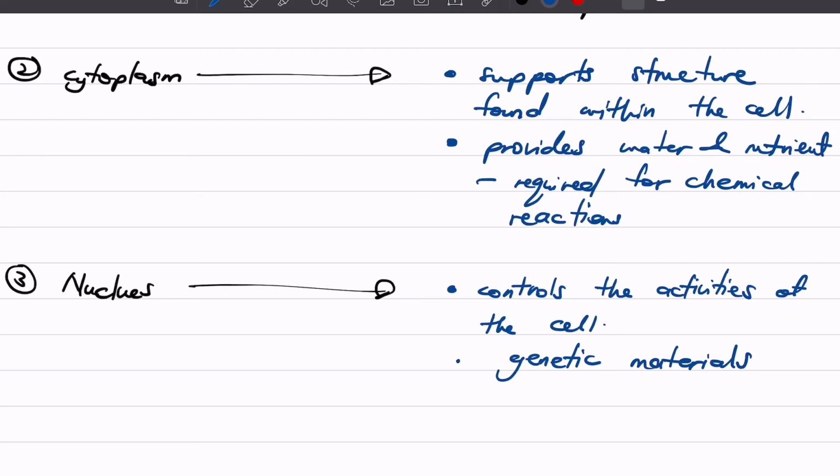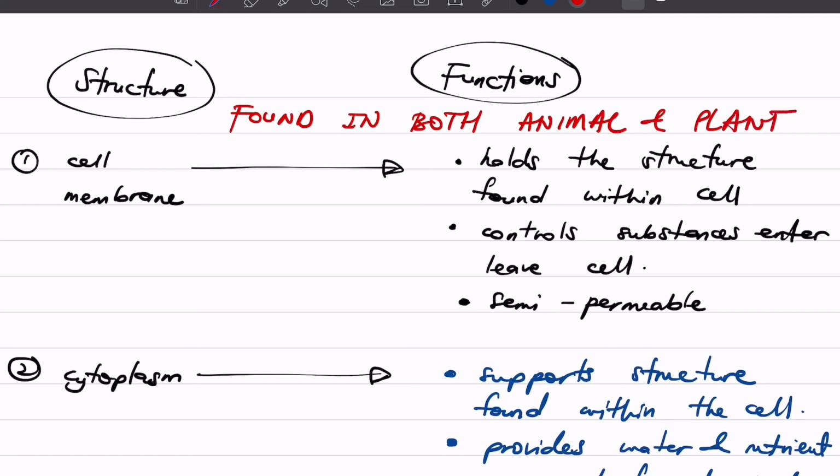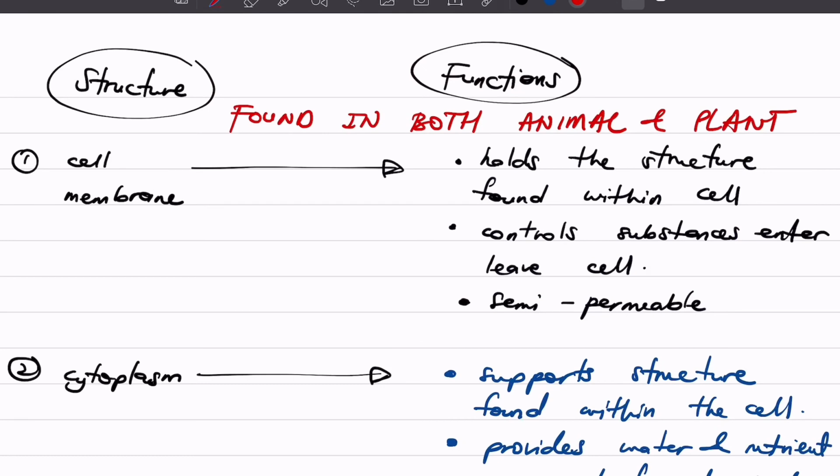So all these three are found in both animal and plant cells. Remember this: the cell membrane, cytoplasm and nucleus are found in both animal and plant cells.